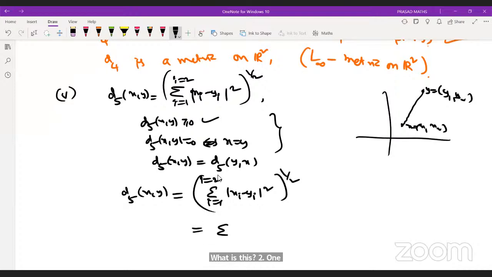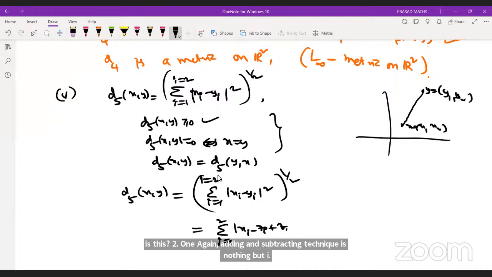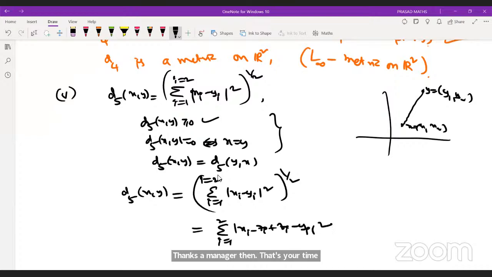Again, the adding and subtracting technique. This is nothing but summation i equals 1 to 2 of xi minus zi plus zi minus yi whole square, whole power 1 by 2.